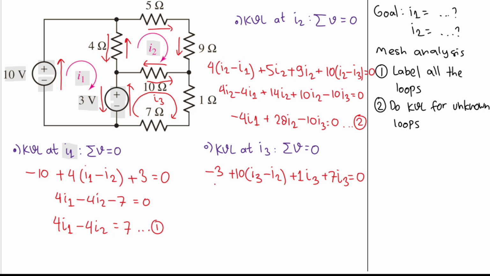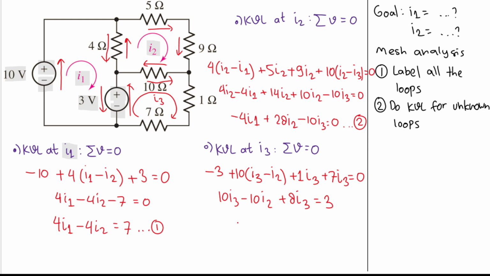Good. Now let's distribute this 10. So we'll have 10I3 minus 10I2. And then 1 plus 7, that will become 8. And minus 3, let's move it to the right hand side.